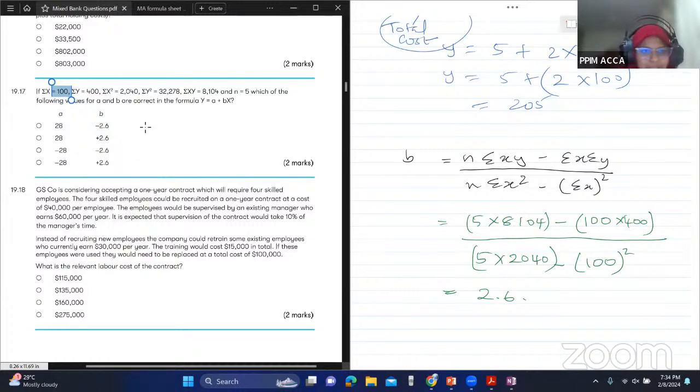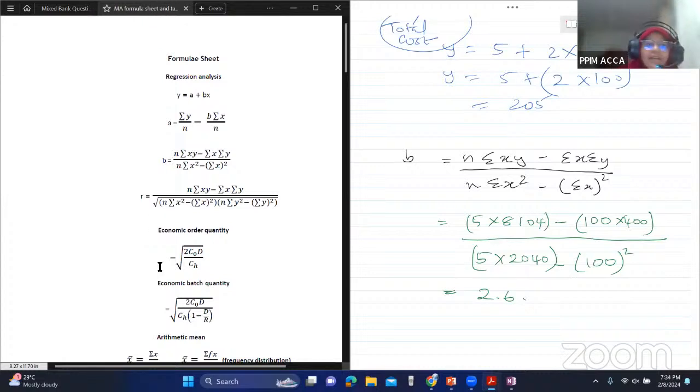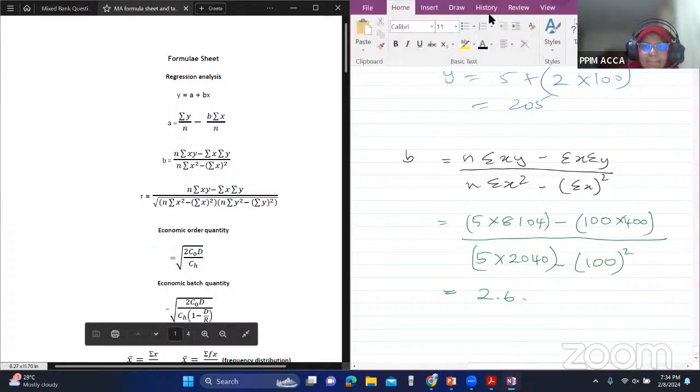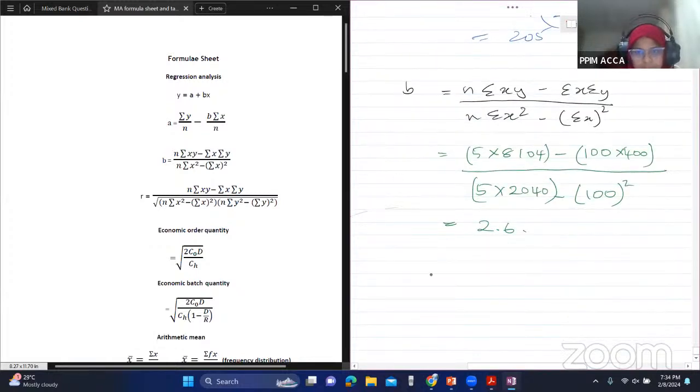So for B, it should be 2.6, a positive figure. So that will be either the second answer or the fourth one. Let's find A also quickly. The equation is A equals sigma y divided by n minus B times sigma x divided by n.